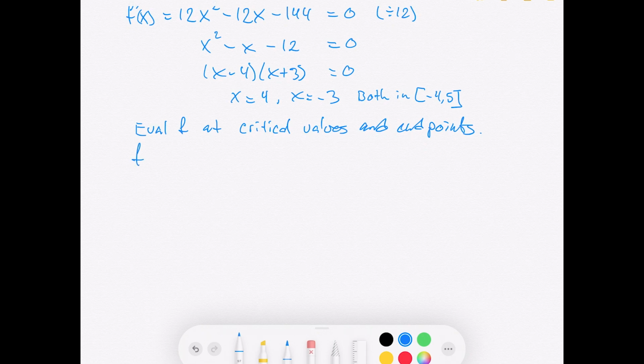So let's work our way through from left to right. f of negative 4 is 233. Our next largest x value is negative 3, and f of negative 3 is equal to 279. Next largest x value that we encountered is 4. f of 4 equals negative 407. And finally, f of 5 is equal to negative 361.